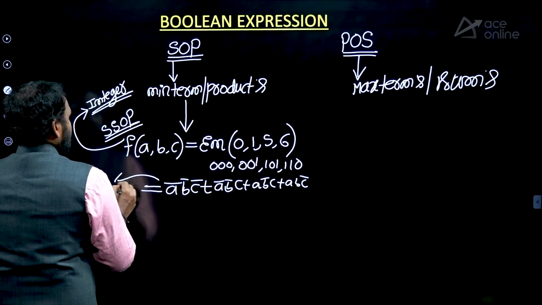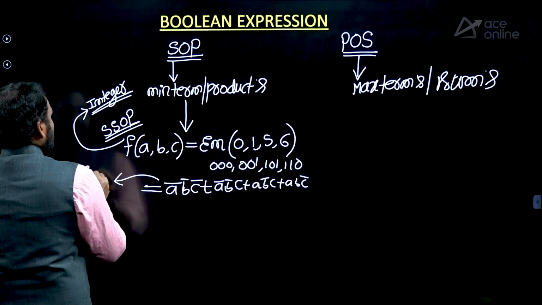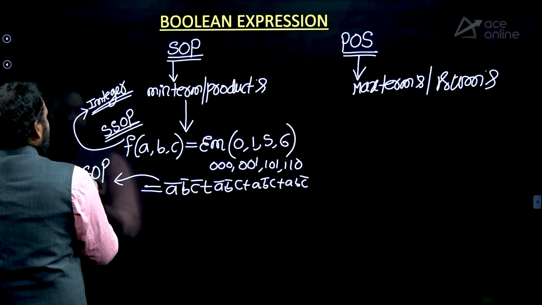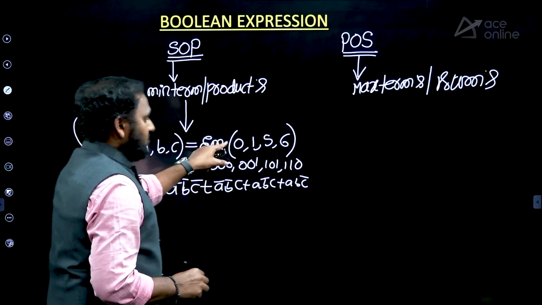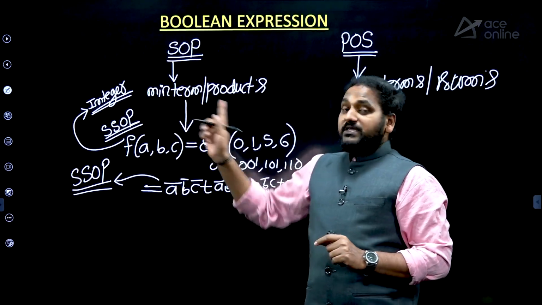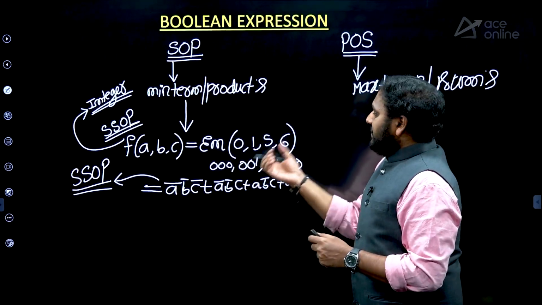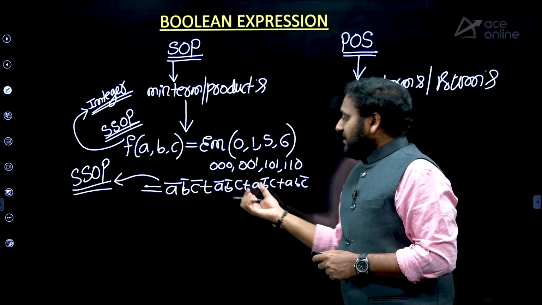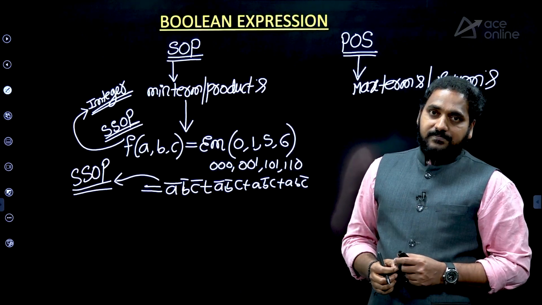This is an expanded version of SOP, hence we can call it a standard SOP. It is also standard SOP. First one is standard SOP in integer form. Sometimes we need the expression in integer form, sometimes in expanded form.